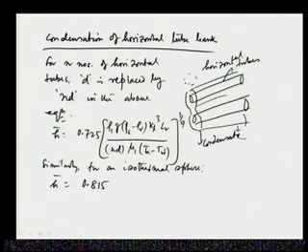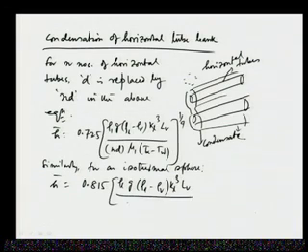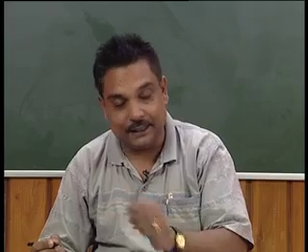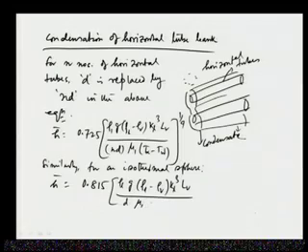So, the coefficient is a little changed and other things remain more or less the same: rho_L, g, minus rho_V, into k_L cubed into L_V, divided by, again, the diameter of the sphere d, and mu_L, and then (T infinity minus T_W), the whole to the power 1 by 4. So, this is more or less the same, except the coefficient is changed for a sphere in place of cylinders.